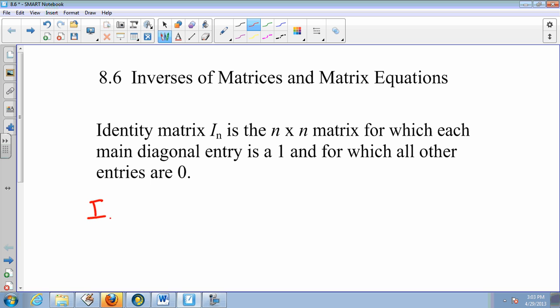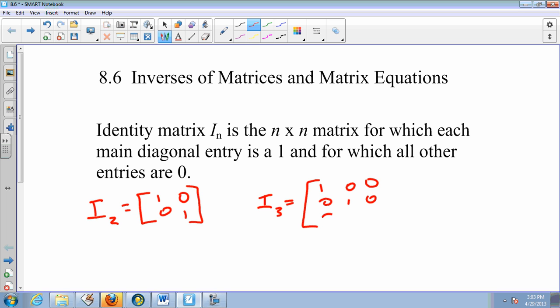So if we have I sub 2, that means it's a 2 by 2 matrix. 1's on diagonals, 0's elsewhere. If it's I sub 3, it's a 3 by 3 matrix with 1's on the diagonal and 0 elsewhere, which should be familiar from reduced row echelon form.